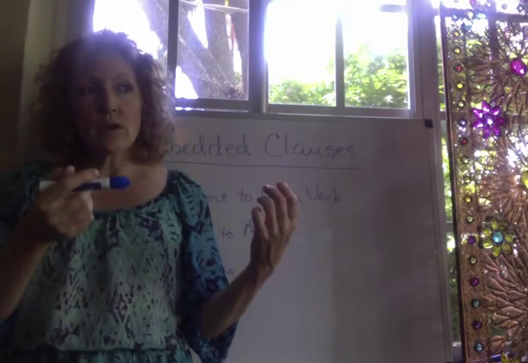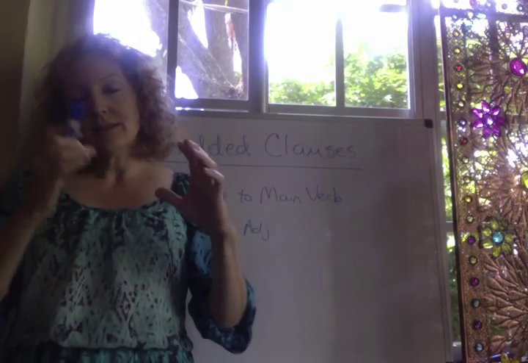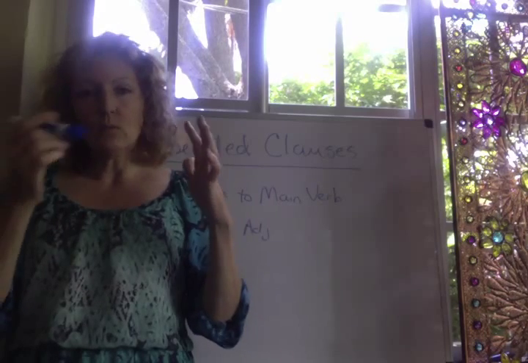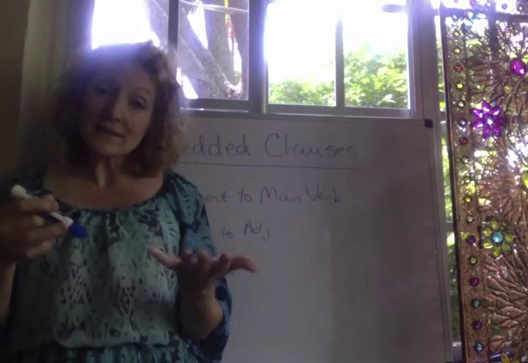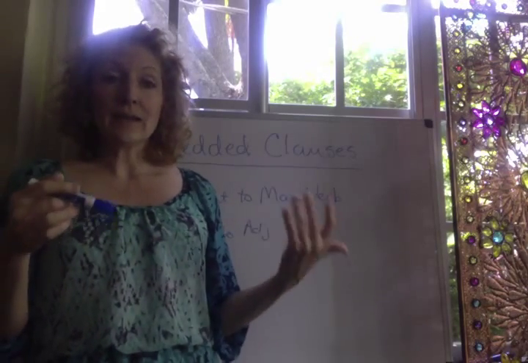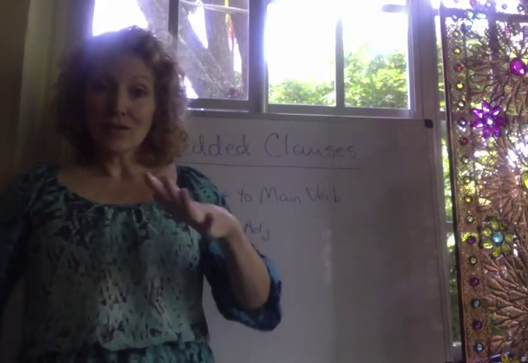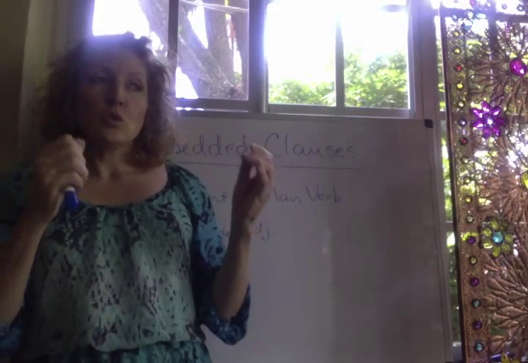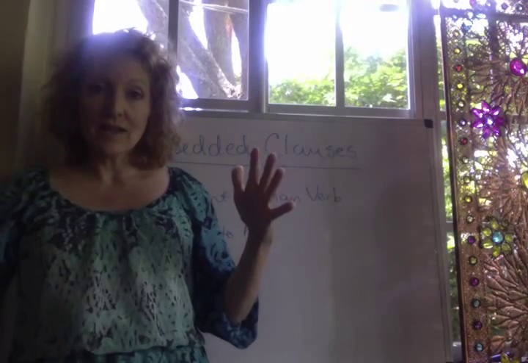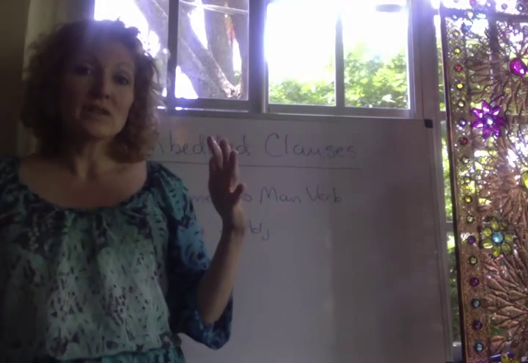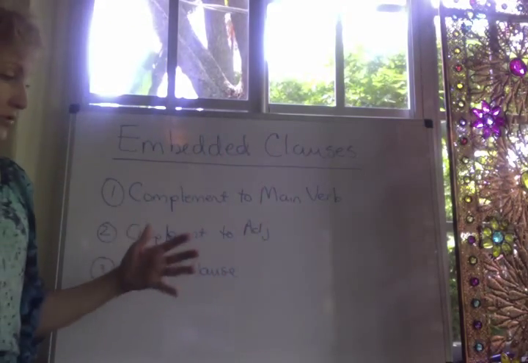And worried is the item that is taking that as its complement. Worried, in this example, is serving as an adjective, which you can see because you could say something like, I am very worried that Mary is not feeling well. So worried as an adjective also has the capacity to take a complement, which is a clause. And we'll look at what those structures are going to look like.